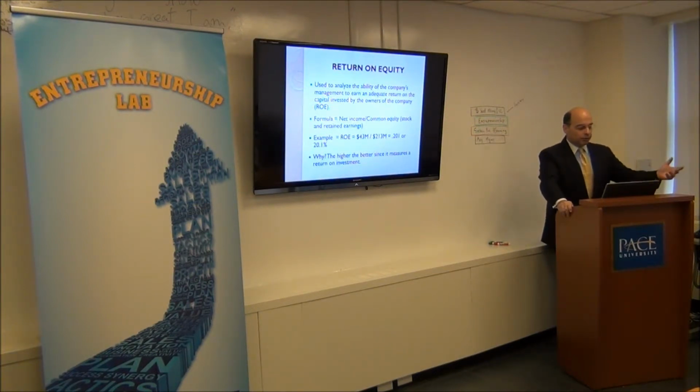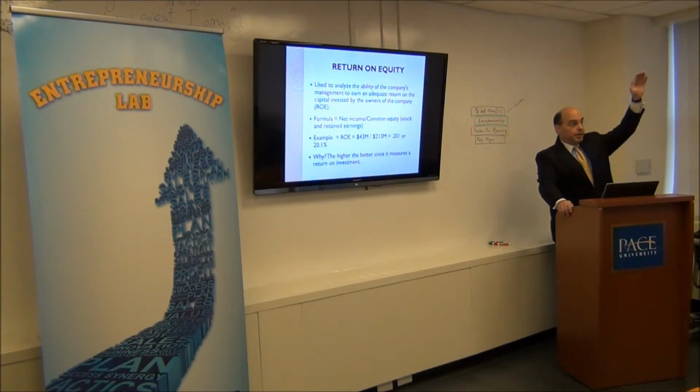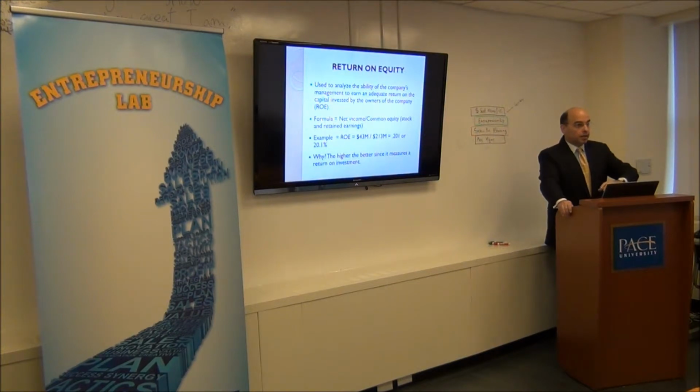Okay. ROE, return on equity. Net income, again, is just a profitability ratio. We talked about sales, we talked about operating profit. What's the bottom line on an income statement? Net income, right?